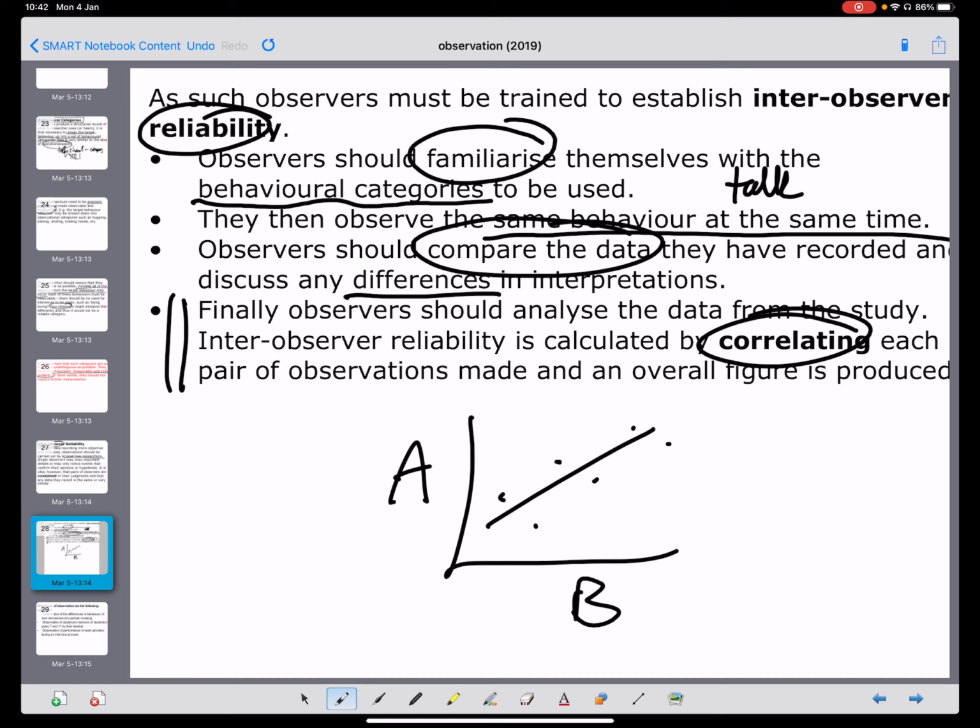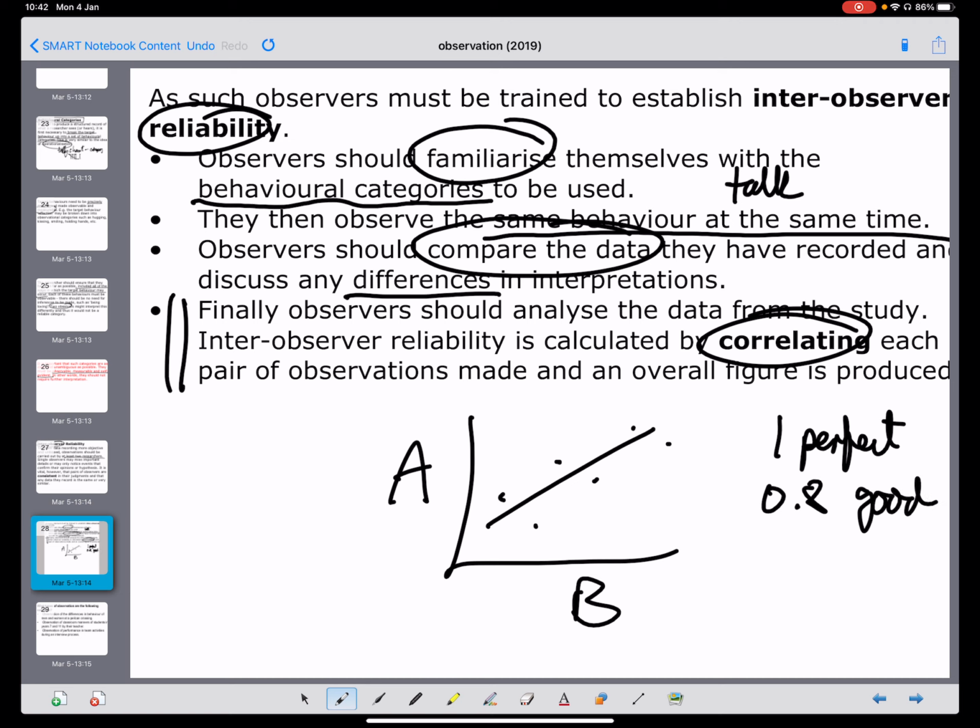Now, going back to Ainsworth, she actually had an inter-rater reliability of nearly 0.95. So of course, in a correlation coefficient, 1 is the perfect. Okay, so anything above 0.8 is good.